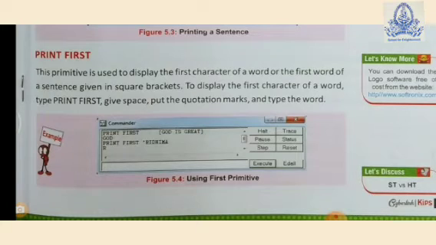Okay, you see, I've written here print first space square bracket, inside God is great. So in this sentence, God is the first word. Okay, so God will be showing in the output.